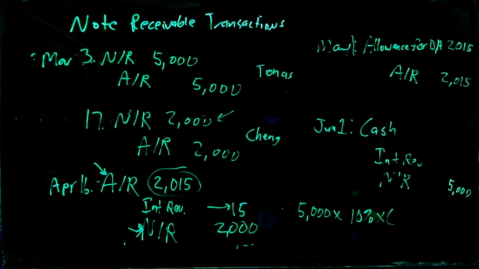and then we're going to multiply that by the payment terms, which was 90 over 360. So we take 90 divided by 360, which comes out to be 0.25.